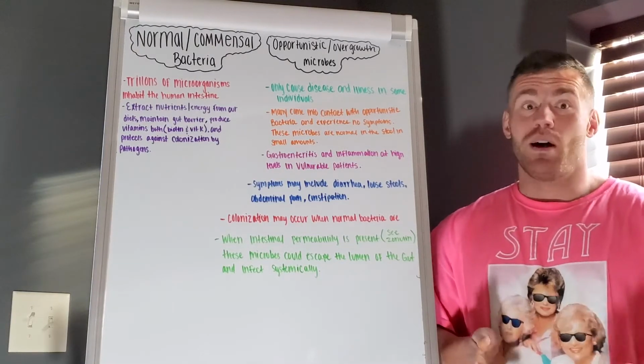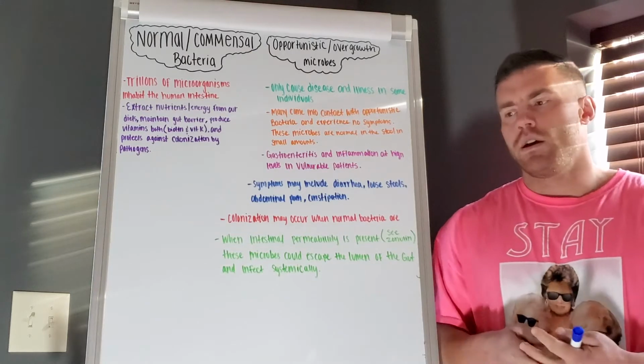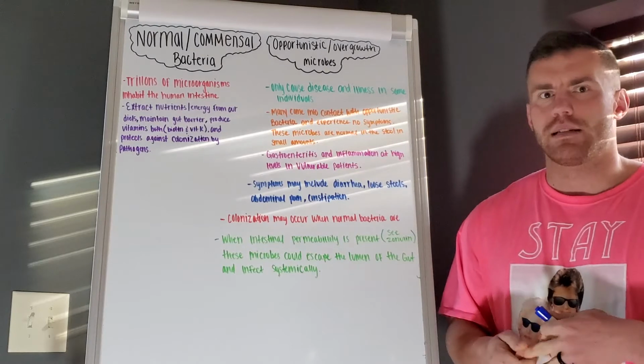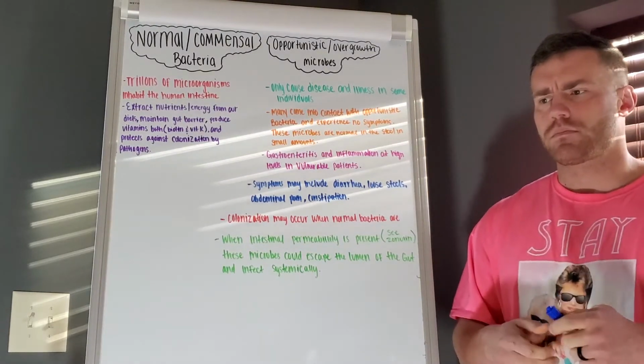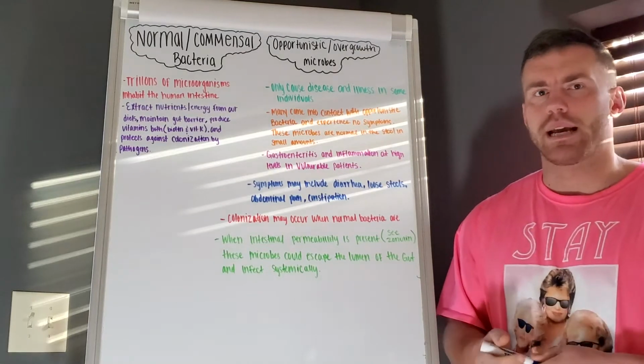Because these issues are now not localized, they are systemic. We can see that in symptoms, but we can also see it on the test if they present a really high zonulin level. That's going to be really indicative of that.